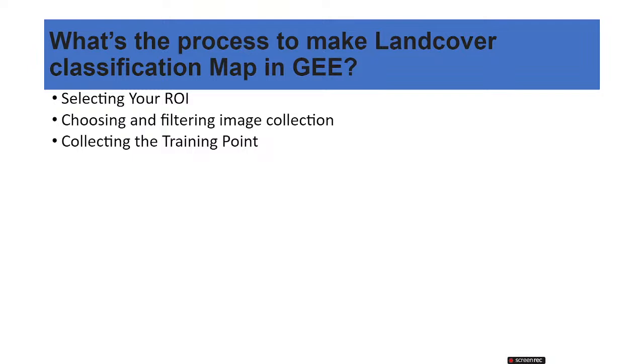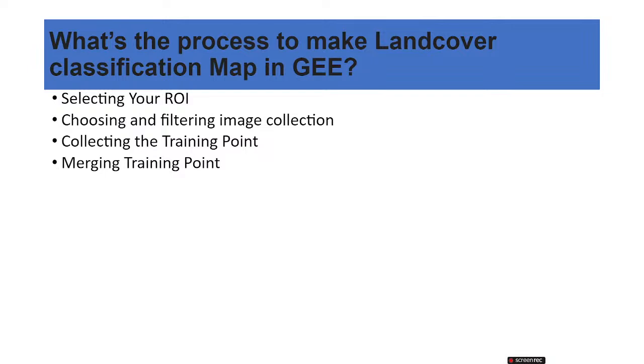Another way is that you can collect the training points from the satellite images, using different types of spectral indices or different band compositions. Then we merge all of those training points together. Suppose I take training points for water body, I take training points for the built-up area, and I take training points for vegetation.